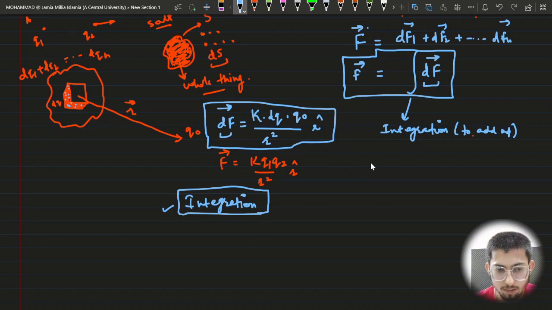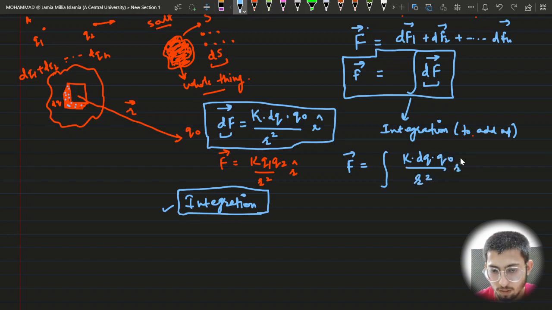So F would be equal to the integration of, this symbol is like a snake, k dq q naught upon r square times r cap. In integration we only take the variables inside, so we take out the constant terms, for example k and q naught.